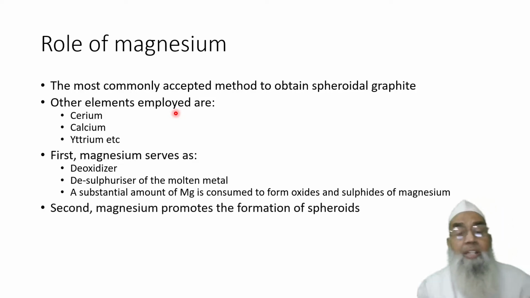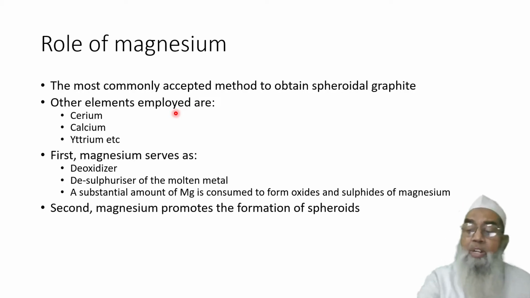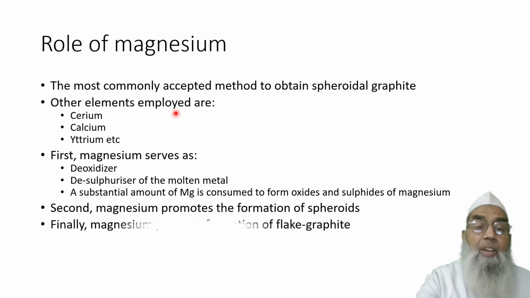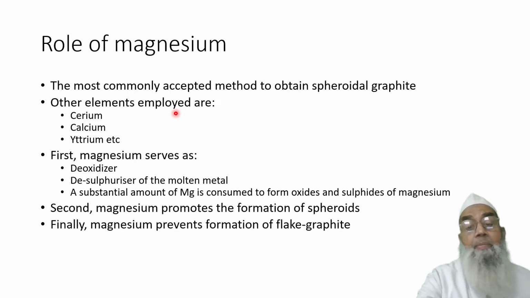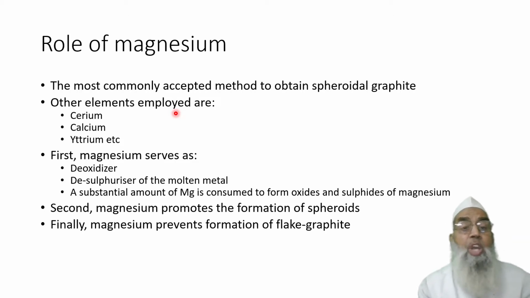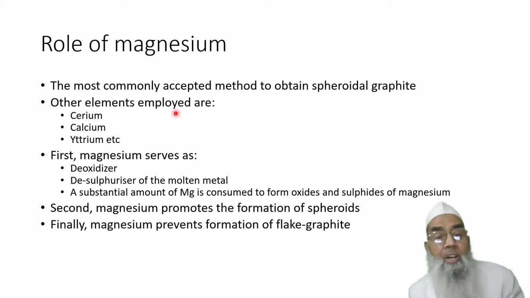Second, after the desulfurization, the remaining magnesium promotes the formation of spheroids. Finally, magnesium prevents the formation of flake graphite. Therefore, magnesium has three roles. One is to act as a deoxidizer or desulfurizer.